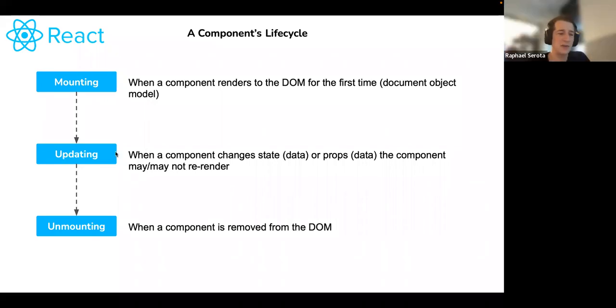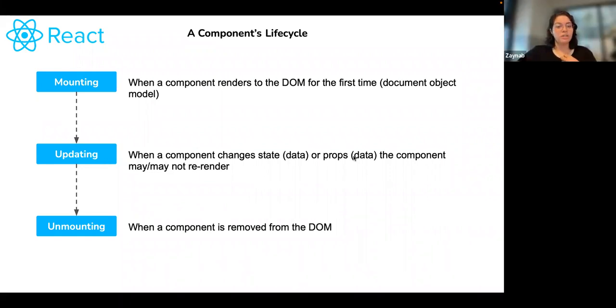Yeah, either of those count. So whenever it changes, your component re-renders. It may or may not re-render, but it depends on how you're changing the prop and state, which we'll talk about later. And then unmounting, which is when a component is removed from the DOM. So there are these three main events that we'll think of when we're developing.